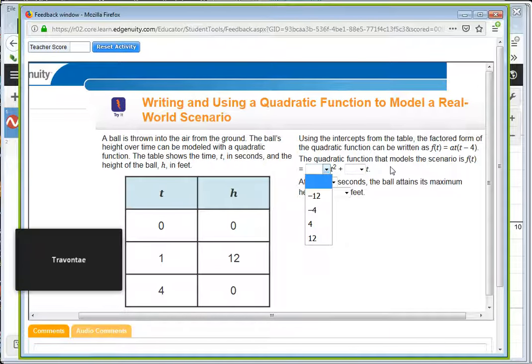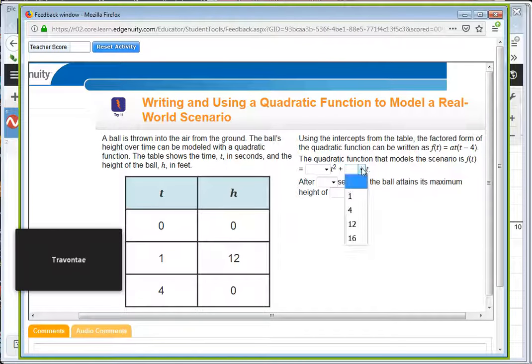And then the next term is going to be negative 4t times negative 4. So be careful with your sign here now. Negative 4t times negative 4 gives me what? Positive 16t, right? Yeah.